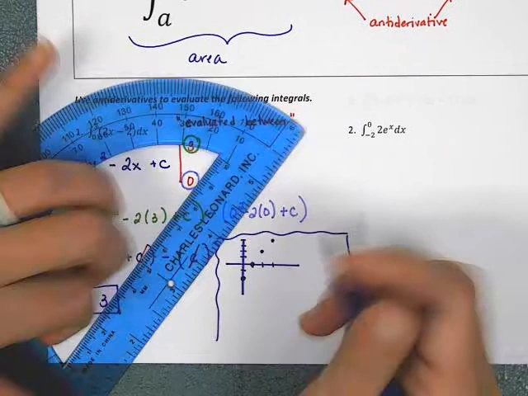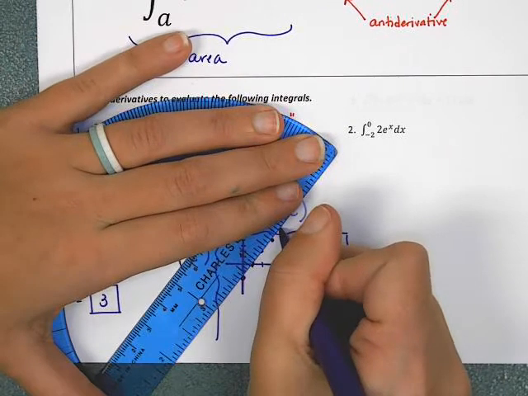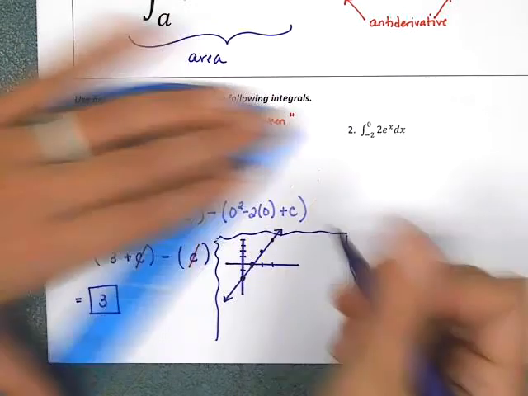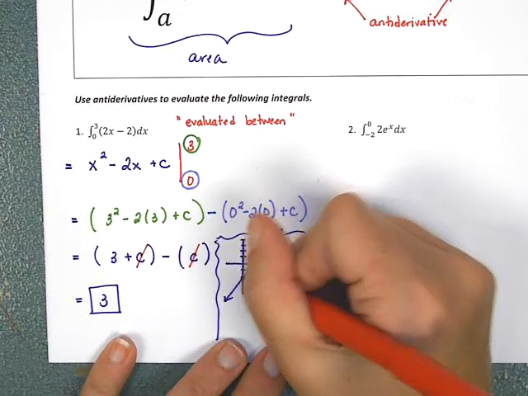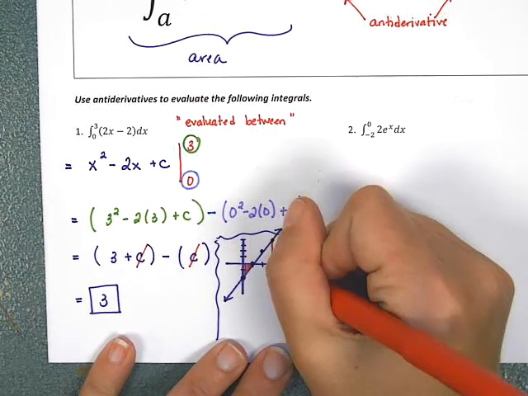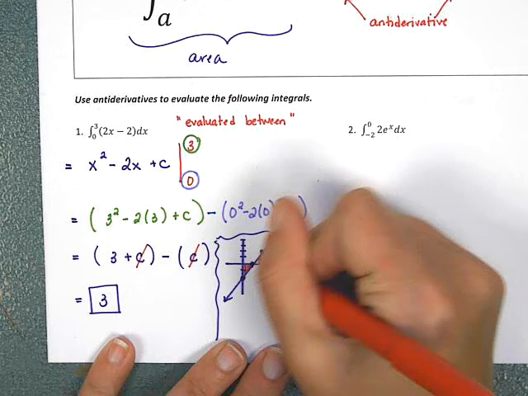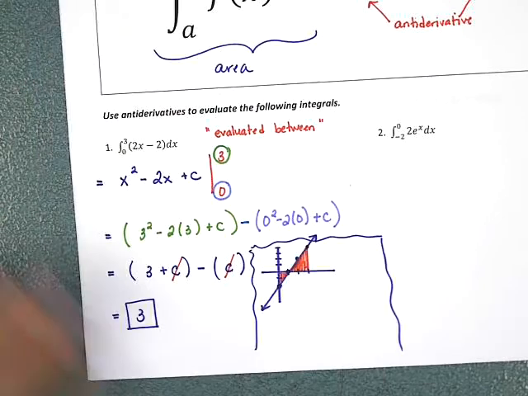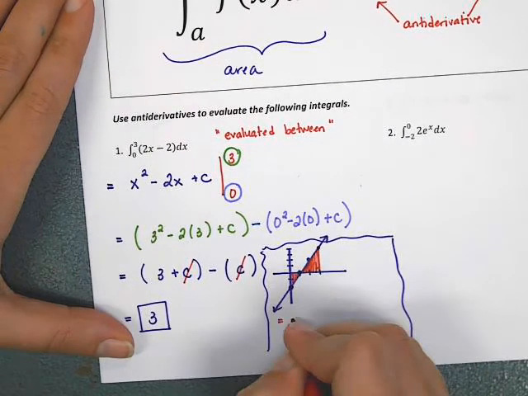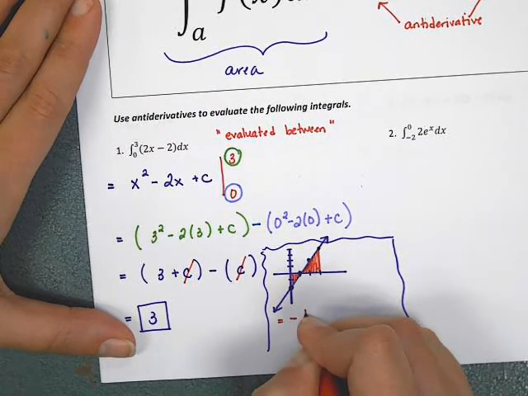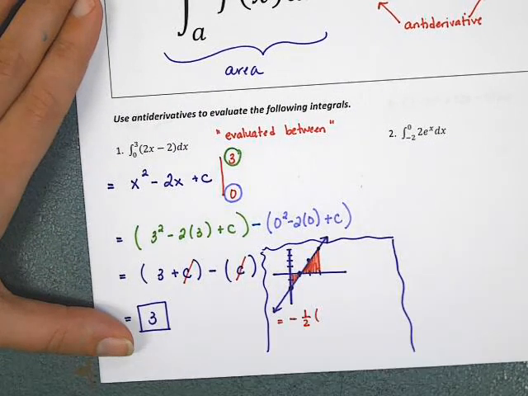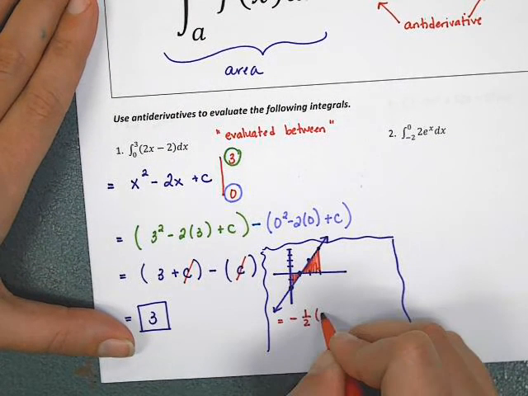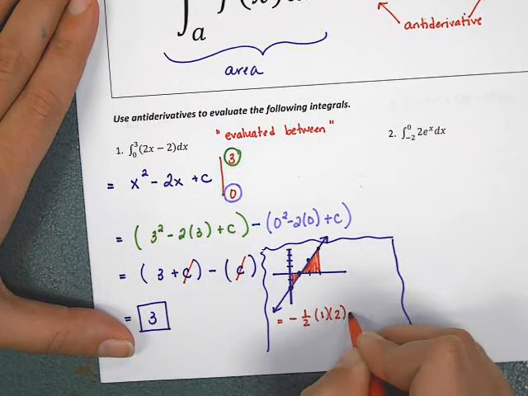So it's a line that looks like this. Asking me to evaluate the integral from 0 to 3 means figure out these areas. Now this bottom area is going to be negative because it's below. So we're going to have -1/2 because it's a triangle. Base is 1, height is 2.